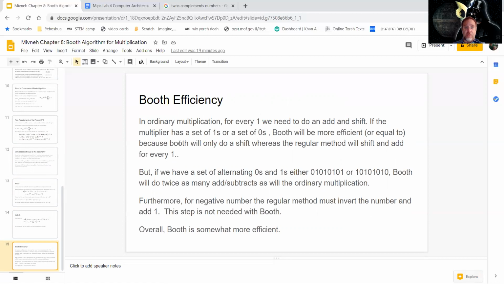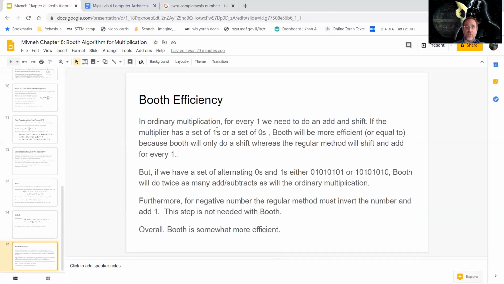If the multiplier is just a set of 1s, it's a whole lot of 1s, then we're just going to keep shifting, and never adding until the last one, where we have a 0, 1, and we'll add. But if it's a set of 1s, we'll just shift, and not have to add at all. So that'll be much more efficient than regular multiplication, where we shift and add.